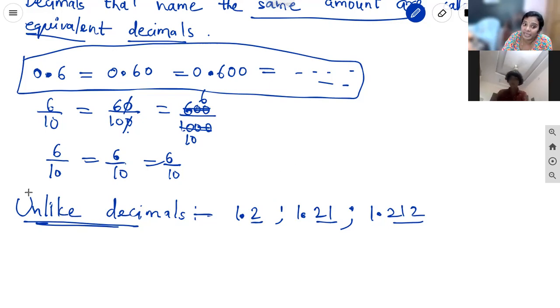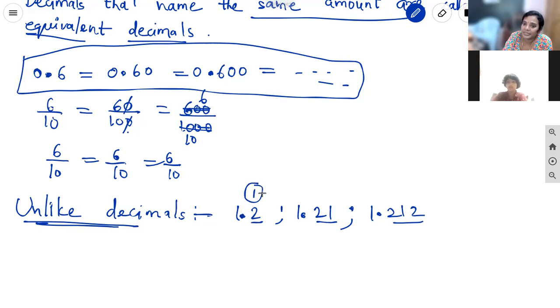Observe the name, unlike decimals. Decimals means a decimal point is there between the digits, with one digit after, or two digits after, or three digits after. See here, I am taking one example, 1.2. Here only one digit is after the decimal point.